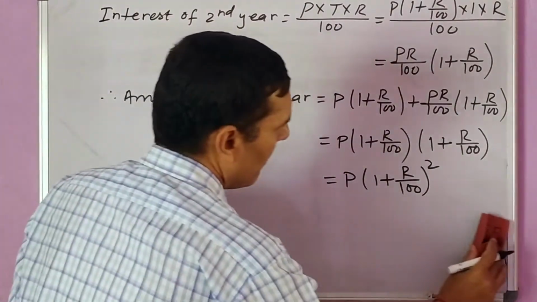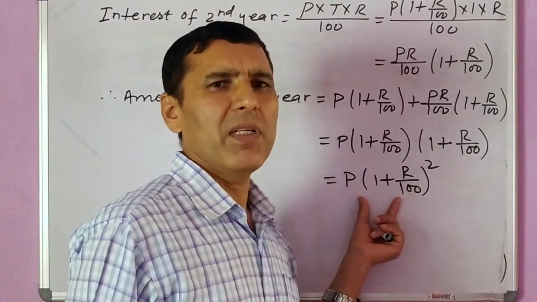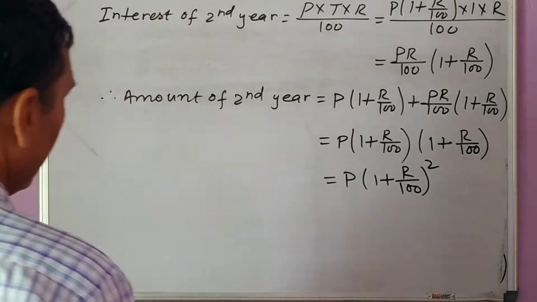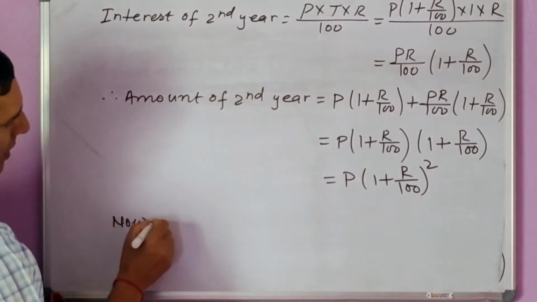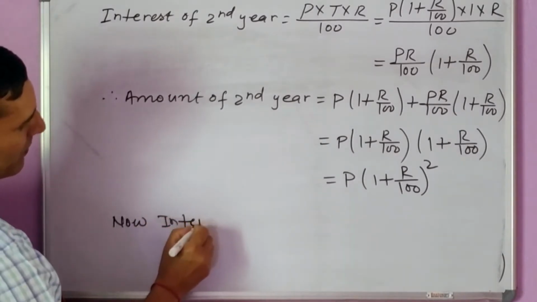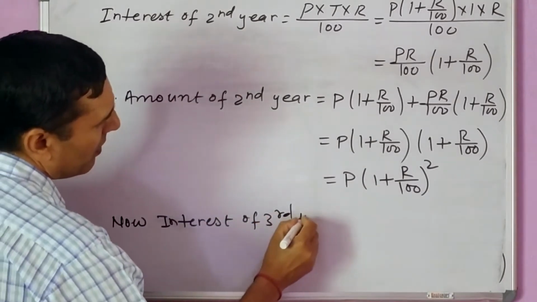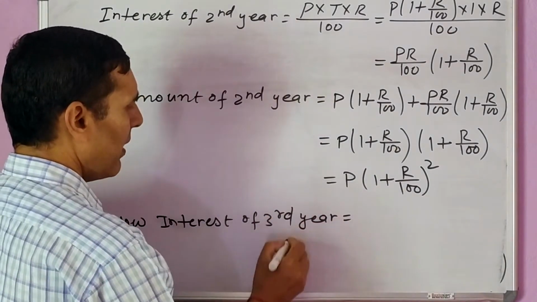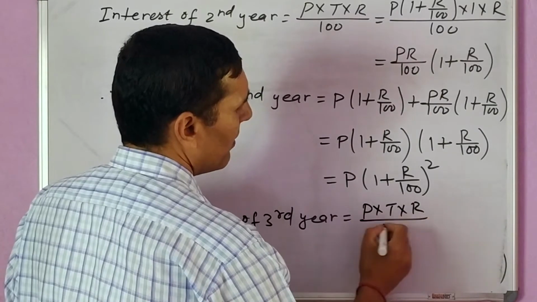Now by considering this amount of second year as the principal for the third year, we can find the interest of third year. Now interest of third year, again using the same formula, P into T into R upon 100.